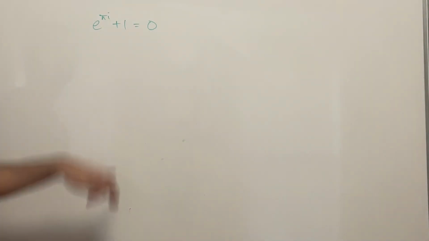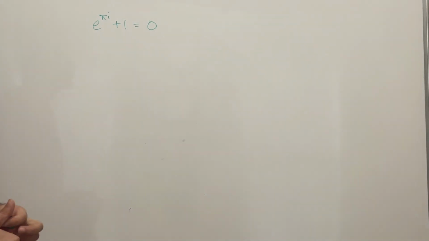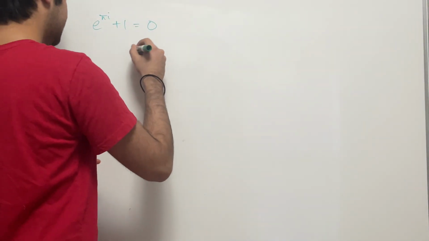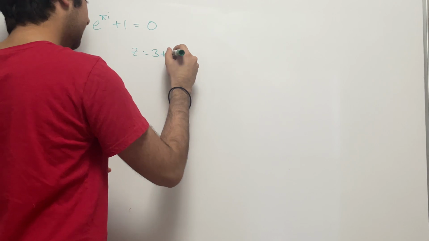But first, we have to take a step back and talk about regular old complex numbers. Let's suppose we have a complex number z equal to 3 plus 4i.